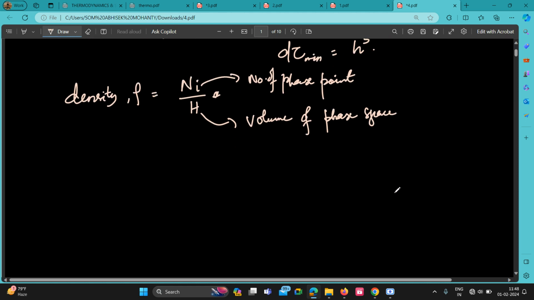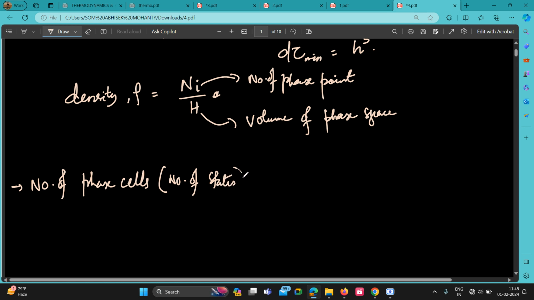So the number of phase cells, the number of states, will be equal to V by h cubed times the integration of dpx, dpy and dpz.